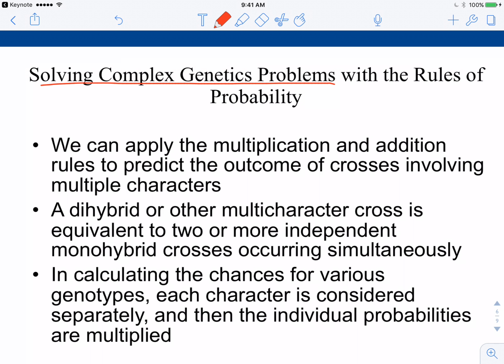We can apply these rules of multiplication and addition to predict the outcome of crosses that involve multiple characters. A dihybrid cross or other multi-character cross is the equivalent of two or more independent monohybrid crosses occurring simultaneously. So you can calculate the chances of different genotypes, and when you do this, each character is considered separately, and then the individual probabilities are multiplied.